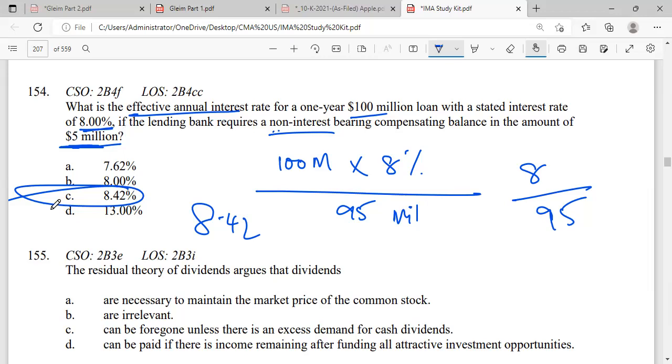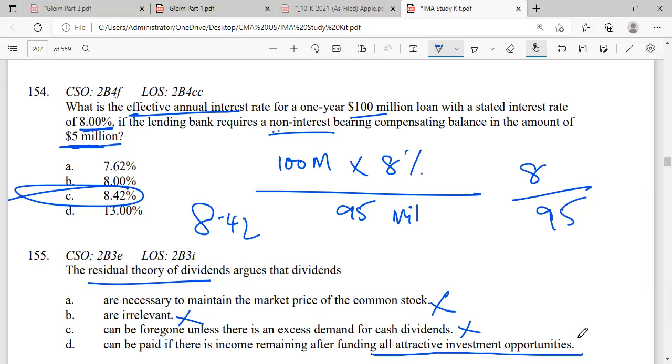Then question number 155: the residual theory of dividends argues that dividends are necessary to maintain the market for common stock? No. Are irrelevant? No. Can be foregone unless there is an excess demand for cash dividend? Can be paid if there is income remaining after all attractive investment opportunities have been funded.